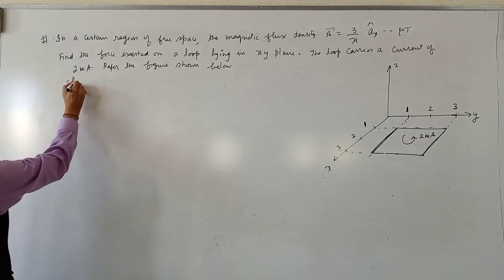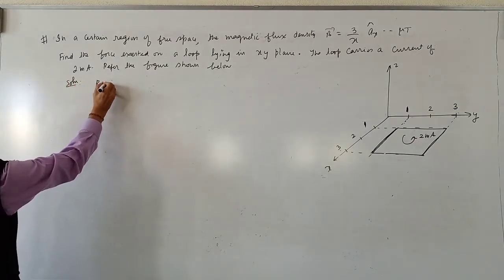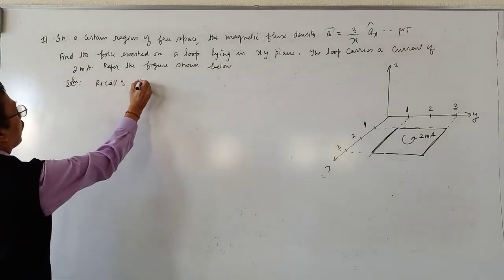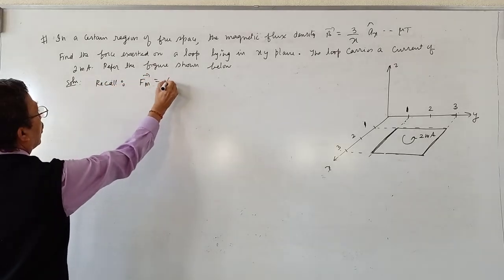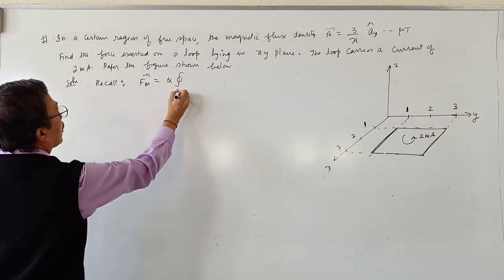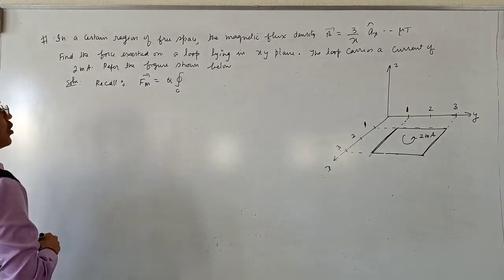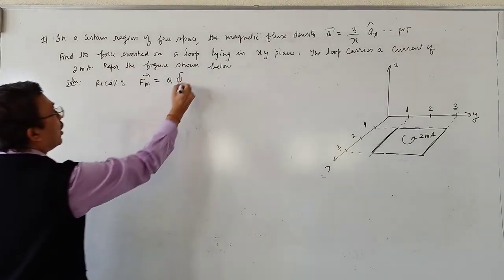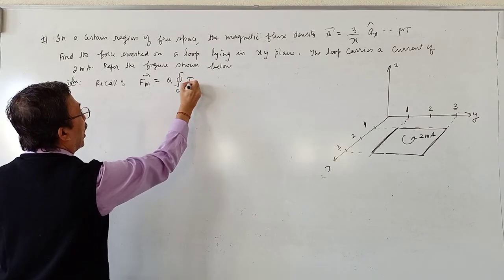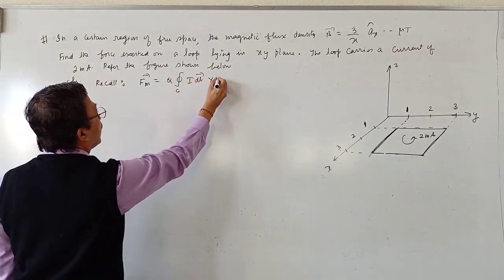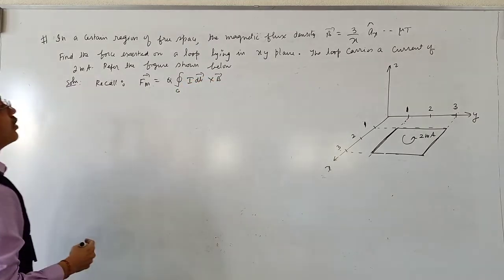Solution. Recall, vector Fm is equal to the contour integral of I dl cross B. I have derived this.